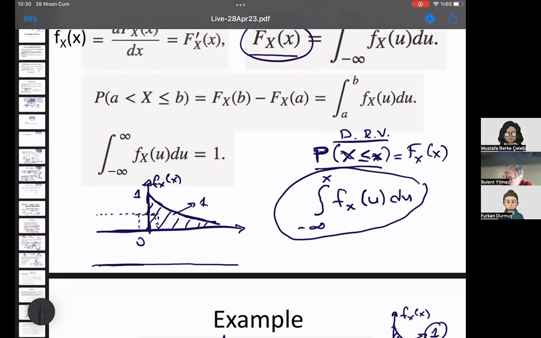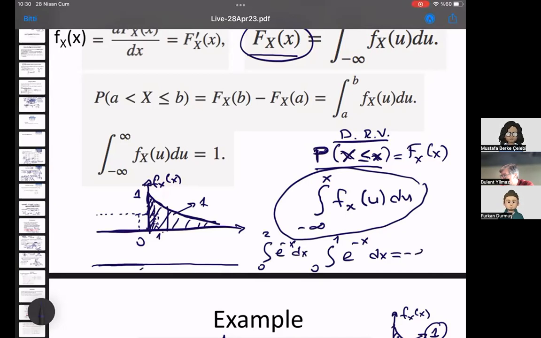And here, I'm going to find the integral between 0 and, let's say, 1, of e to the power minus x dx. The probability of this random variable between 0 and 1 is the area under this curve. The probability between 0 and 2 is going to be the integral from 0 to 2 of e to the power minus x dx, right?